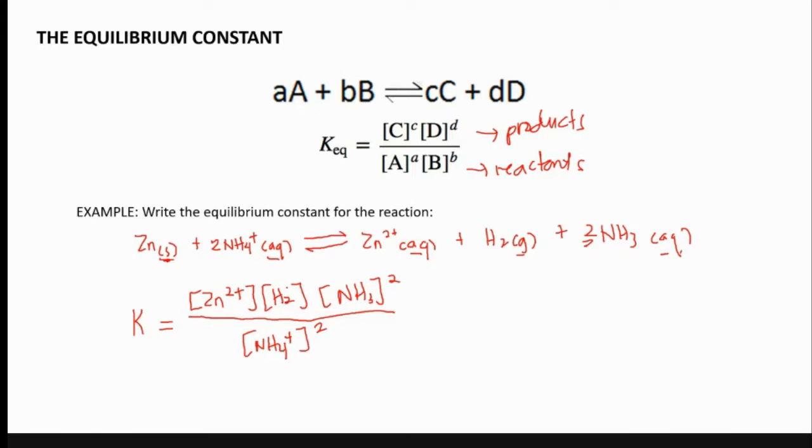So, to denote na si H2 is gas, pwede natin siyang isulat as pH2, meaning naka-pressure siya. Okay, kasi yung unit naman niya is bar, so that's pressure, and then mga solutes natin is concentration, NH4 plus, cubed.